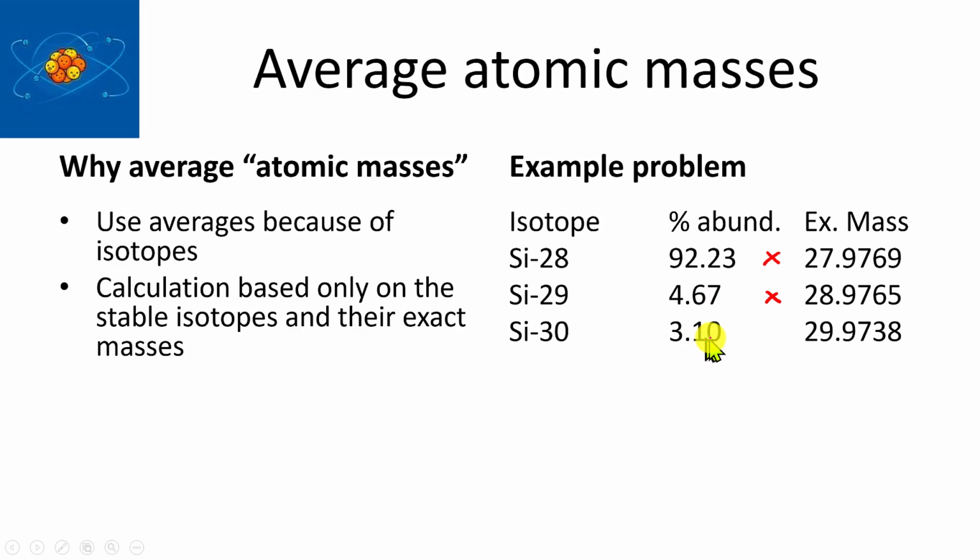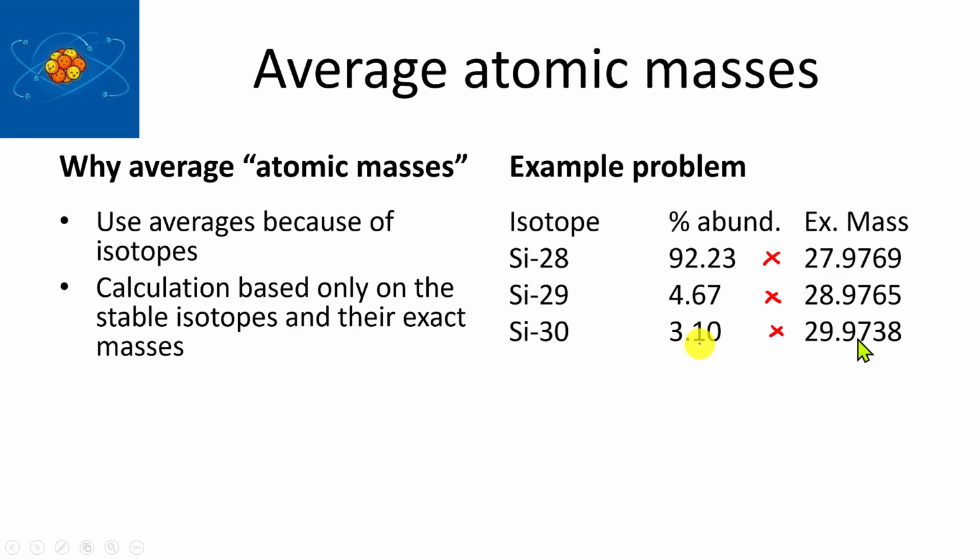and then 3.10% is made up of this mass. So what you're going to do is add all these together and get the total mass and then divide by 100, because percent is per 100. So when you do this calculation, you're going to have the total mass of 100.